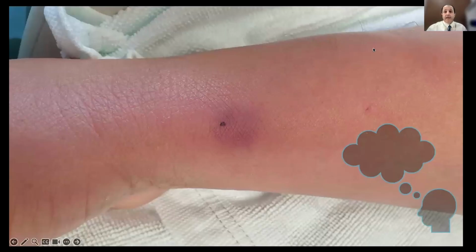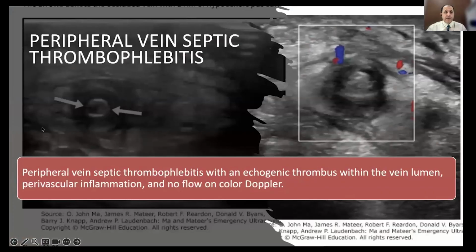Let's take a look at this image. It looks like cellulitis again, with redness and a small puncture here, which could be from an IV line. If you just consider this simple cellulitis, you may miss something else. They did an ultrasound for this case and found septic thrombophlebitis of the vein.